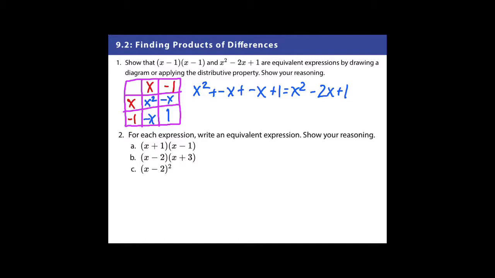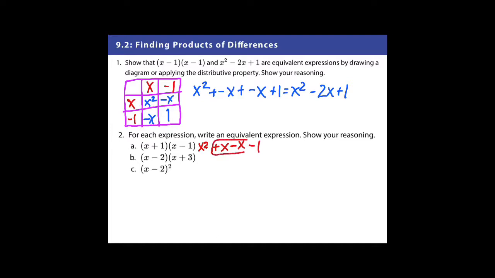And then number 2, for each expression, write an equivalent expression. And so for A, we get x squared, and then plus x minus 1.